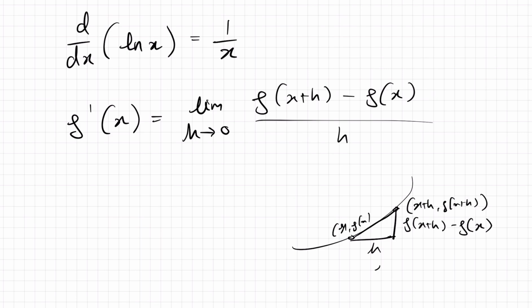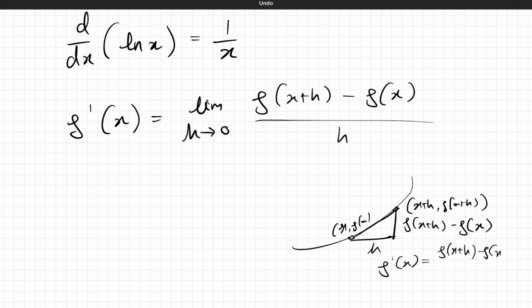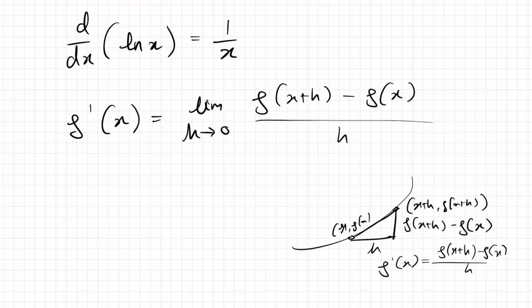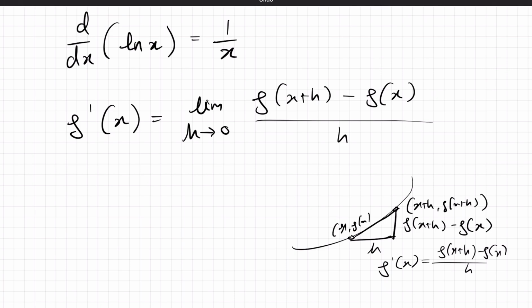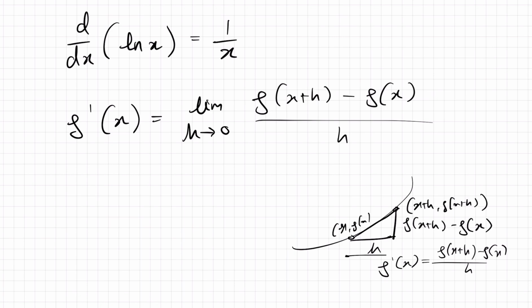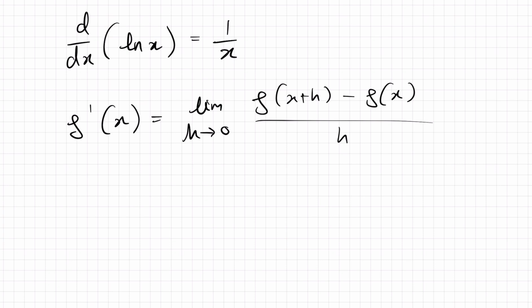So the gradient at this point is going to be the rise over step, or f of x plus h minus f of x over h. And then the derivative is basically the instantaneous rate of change. So as h goes to 0, that's how we get a derivative. So that's where that definition comes in.